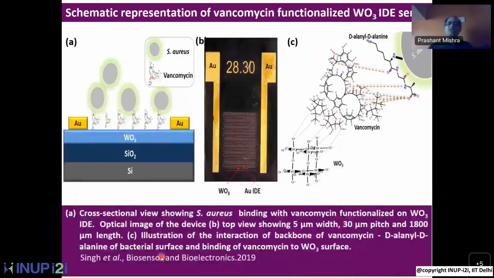Now here I will show you some of the data which has been collected from our group at IIT Delhi, where we have made a sensor. This is an IDE sensor, and it's basically an impedance measurement, and you have WO3. On the surface of the WO3, we have immobilized vancomycin.